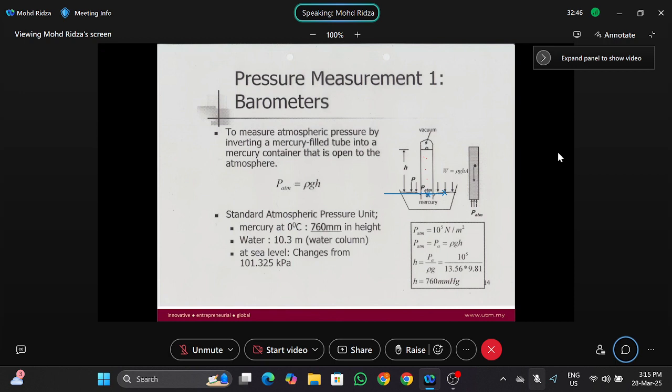So now we have to figure out what the pressure here is. The absolute pressure here is zero, P equals zero here, because this is vacuum. So when you want to find the pressure at the bottom here, the same equation as before.